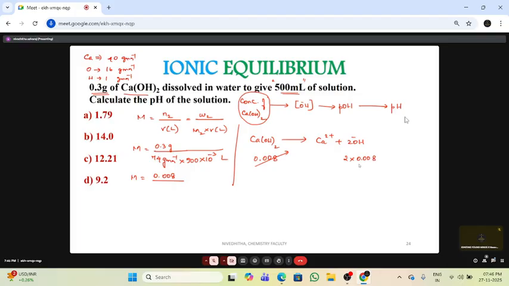So here we got the concentration of OH minus ion. So from the concentration of OH minus ion, can you please calculate pOH? The formula to calculate pOH is minus log of OH minus ion. That's it. So what is the concentration of OH minus ion?